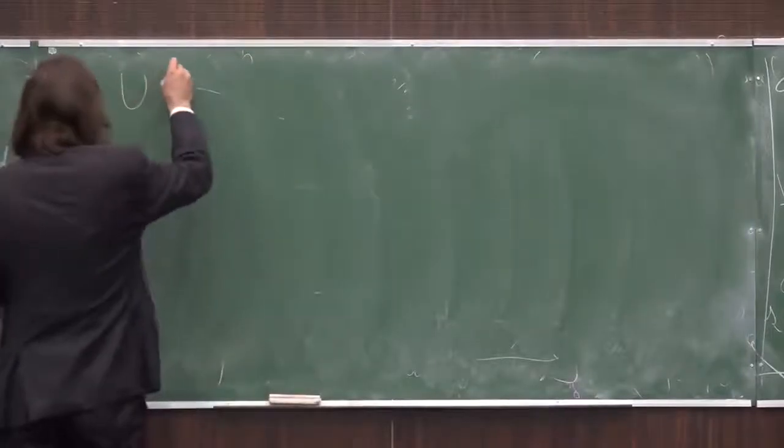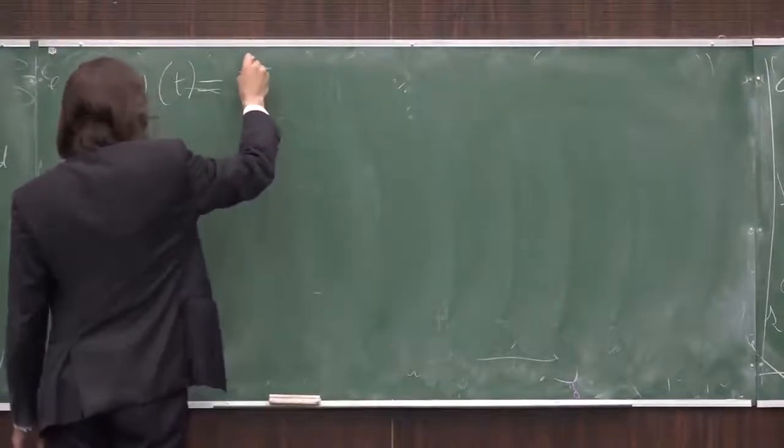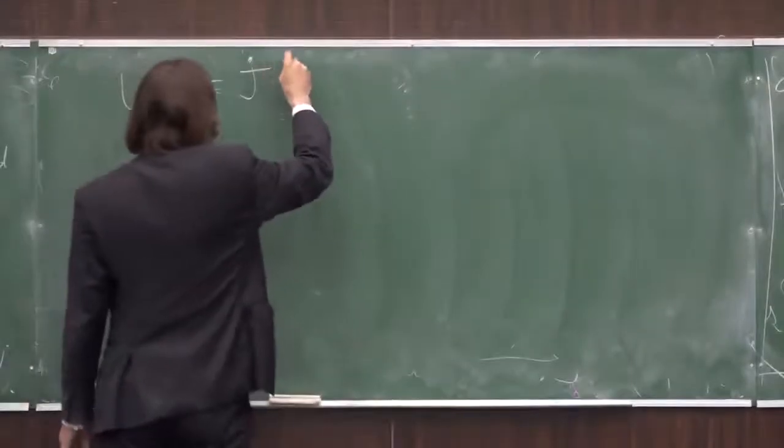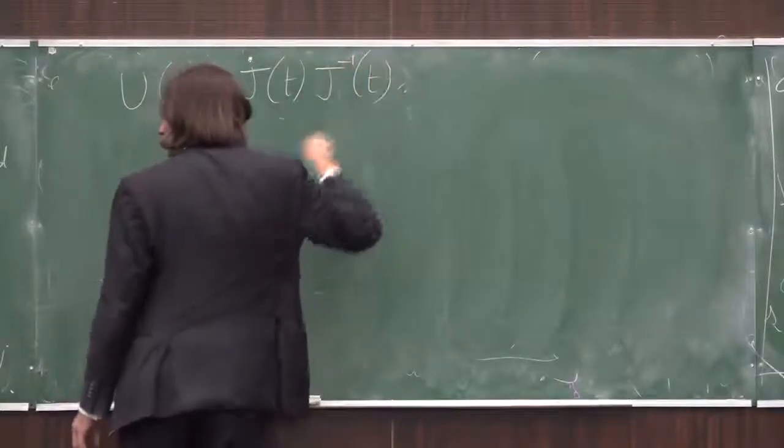Let's form U of t, which is J dot of t, J minus 1 of t.